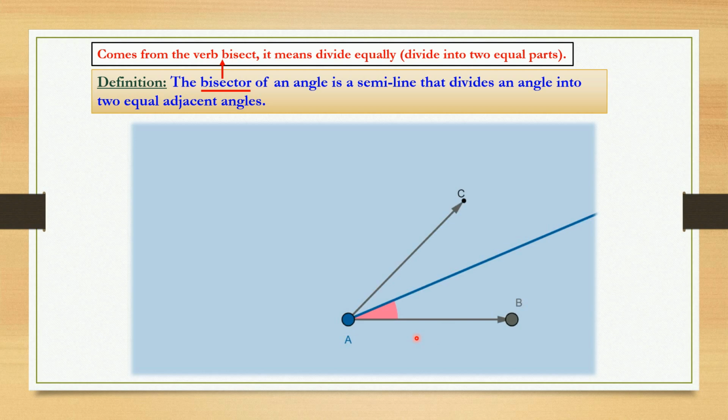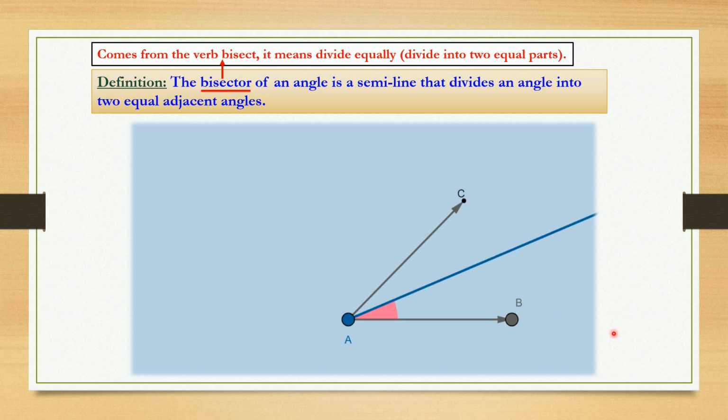Here we have an angle that is divided into two equal adjacent angles because this bisector, this semi-line, is the common side of these two angles, and they have the same vertex A, and they are situated on opposite sides of their common side, this blue semi-line.